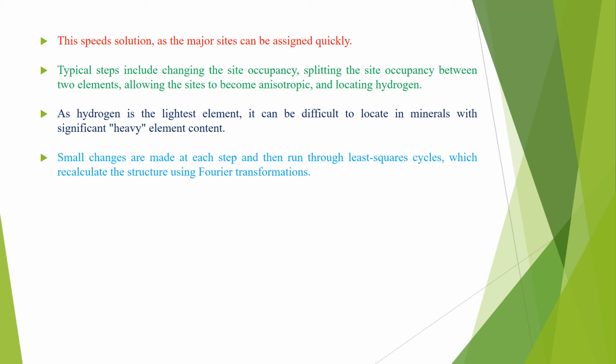So, small changes are made at each step and then run through least squares cycles, which recalculate the structure using Fourier transformation. Practiced refiners tend to follow the same steps each time.